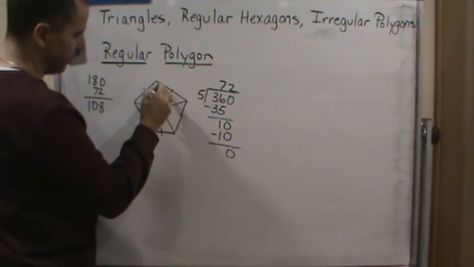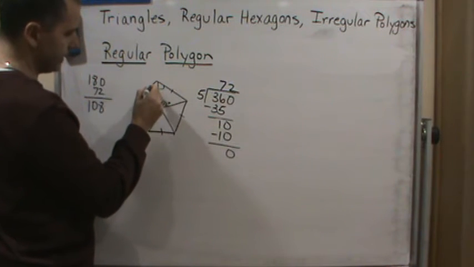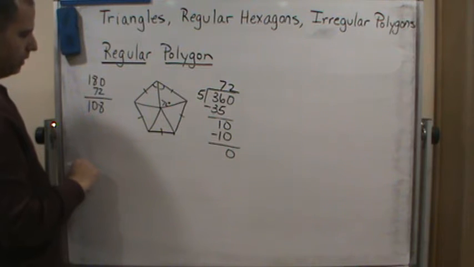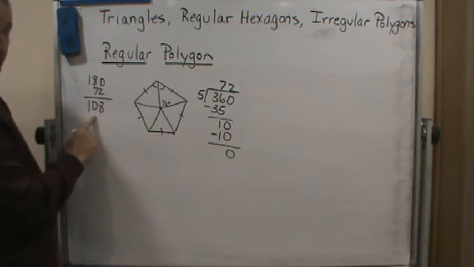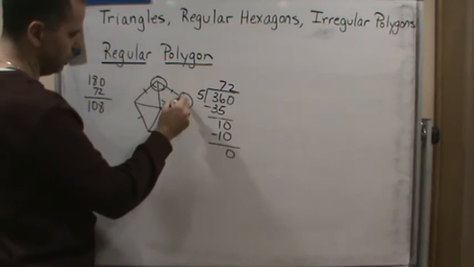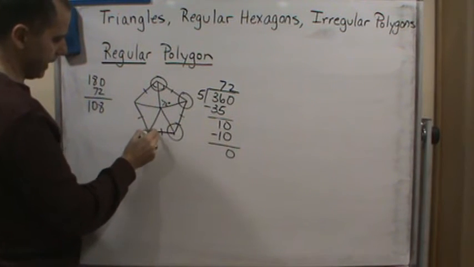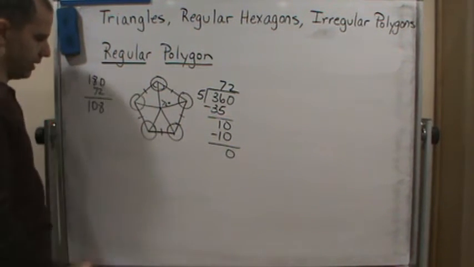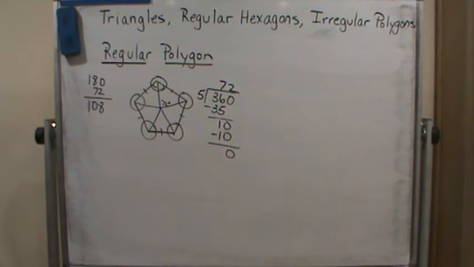Well, if this angle here is the same as this angle here, then that should add up to 108. So that means each angle of the vertex is 108 degrees.